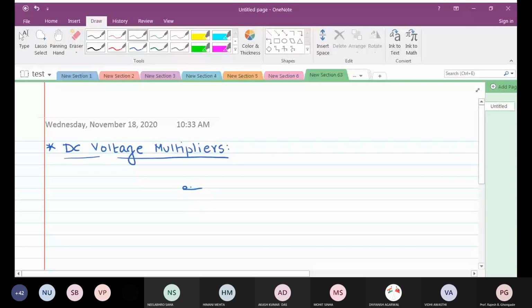So you have a capacitor here, you have a diode here, then again you have a diode here, capacitor. This is the circuit for what we call as the voltage doubler.